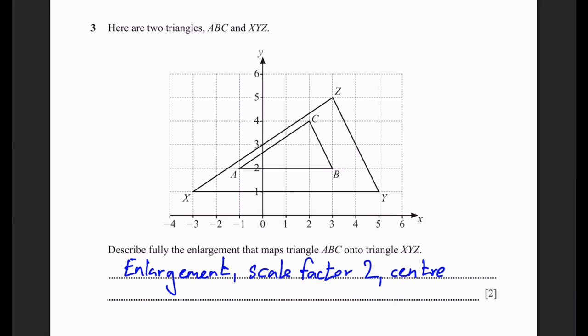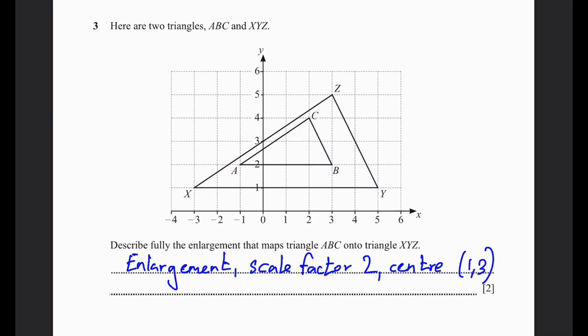Well, it's the common point where the point X is 2 times the distance from that point as point A, and the same for Y and B, Z and C. That point will be this one, which is (1, 3). It goes 2 times the distance, 2 times the distance, and 2 times the distance there. So the center is (1, 3).